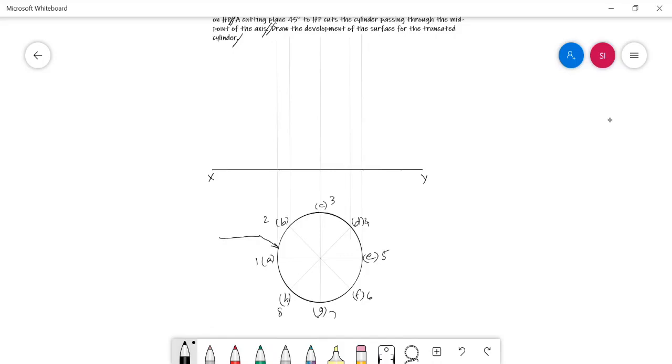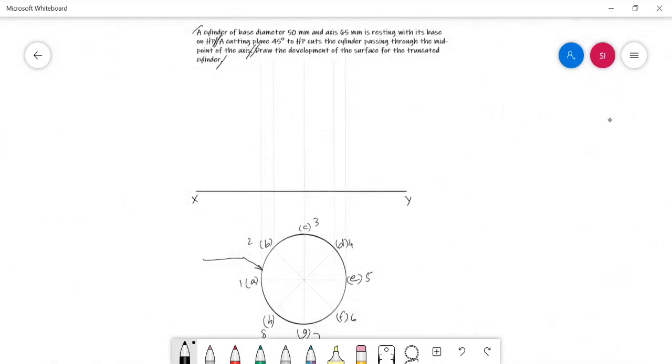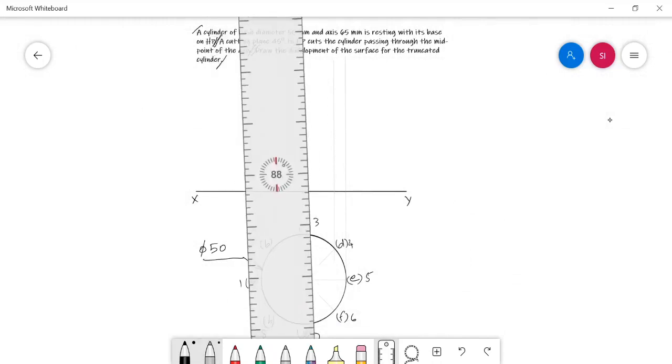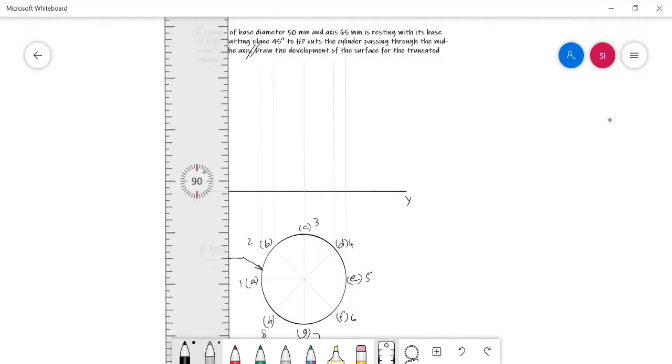The diameter of the solid is 50 mm and the axis height is 65 mm.